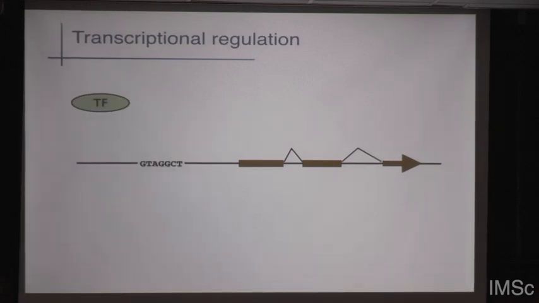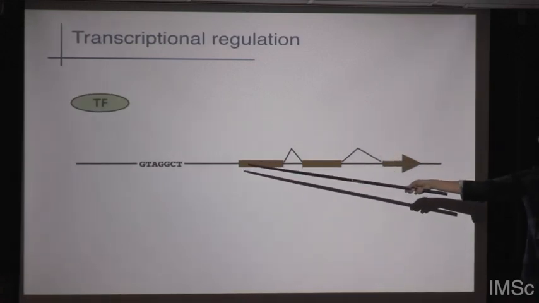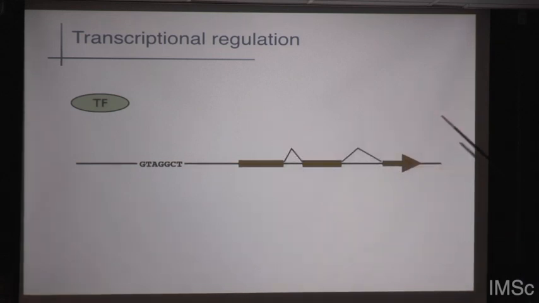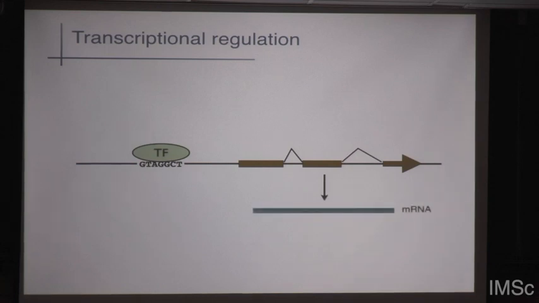These are called little pieces, signals, which are bound by different proteins. The protein finds its partner and then brings about some conformational changes in the DNA, promotes transcription, or sometimes hinders transcription, and so on. So this time it's promoting.